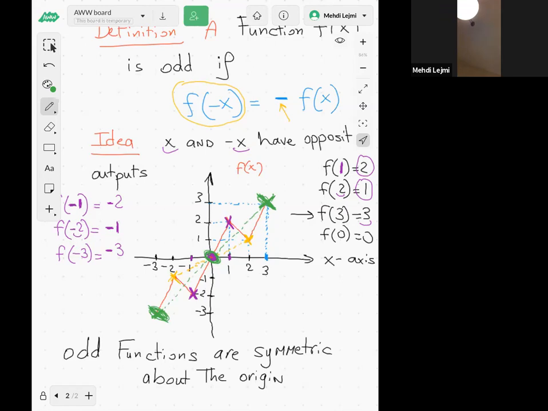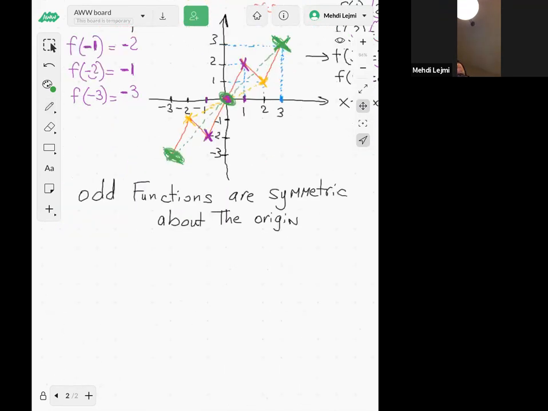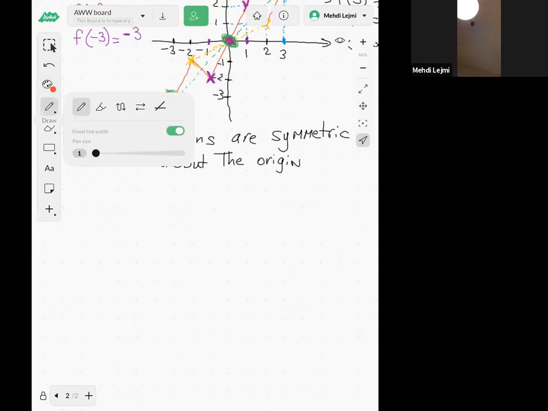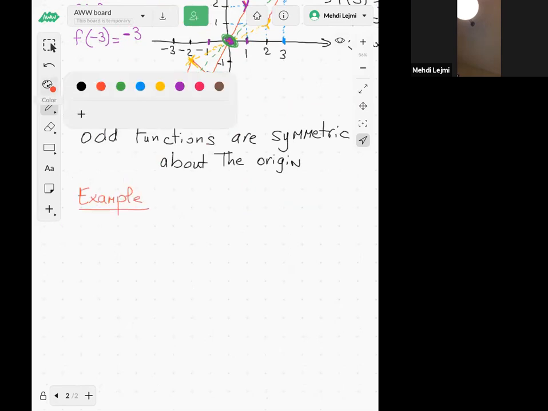Now let's check a couple of functions and see if they are odd or not. So let me give you an example. So let's say you have f of x.